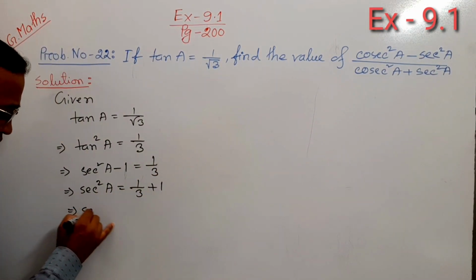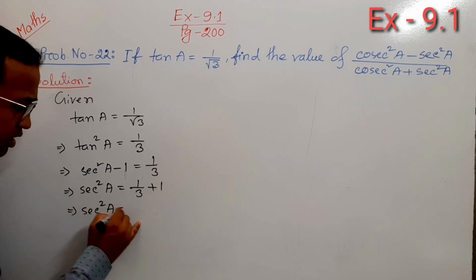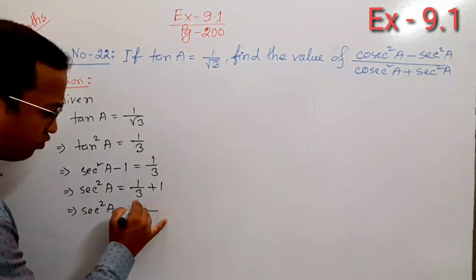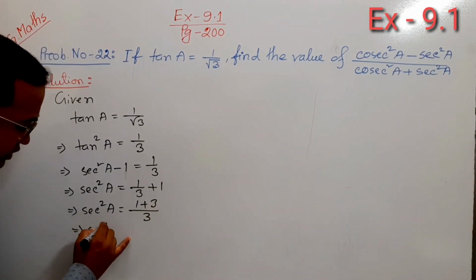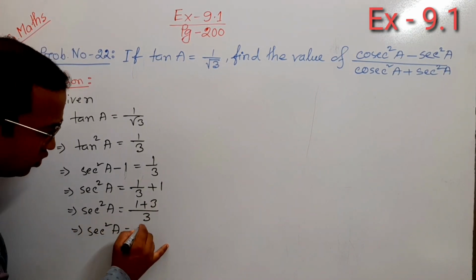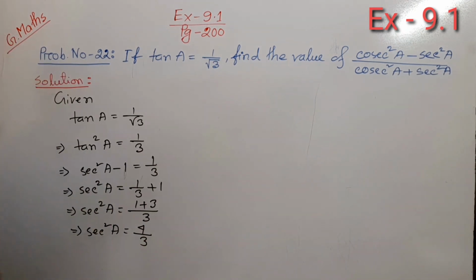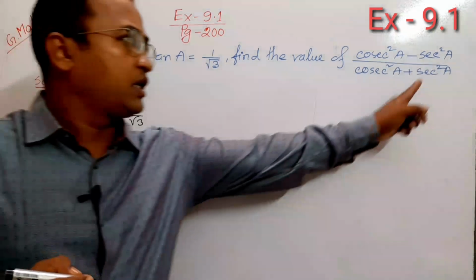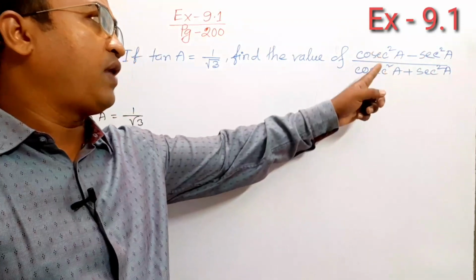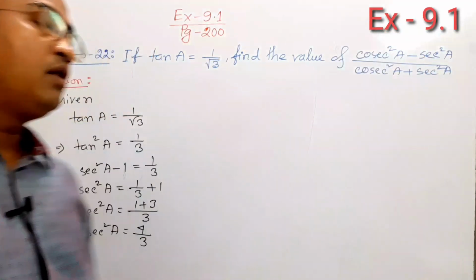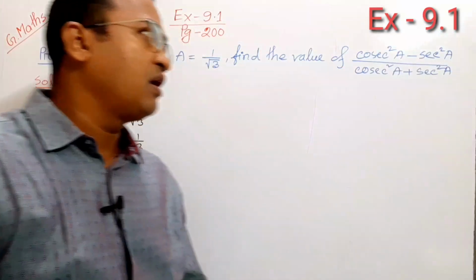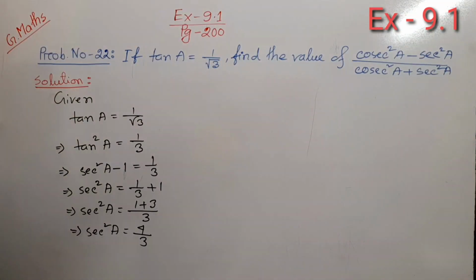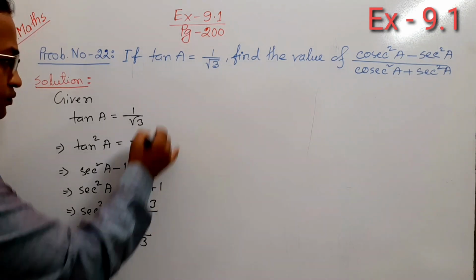That is sec square A equal to 1 plus 3 by 3, sec square A equal to 4 by 3. So we got the value of sec square A. Now we will find out the value of cosec square A. Then we can find out the value of cosec square A minus sec square A by cosec square A plus sec square A very easily.